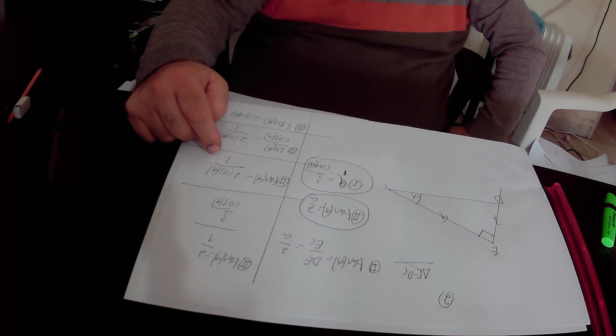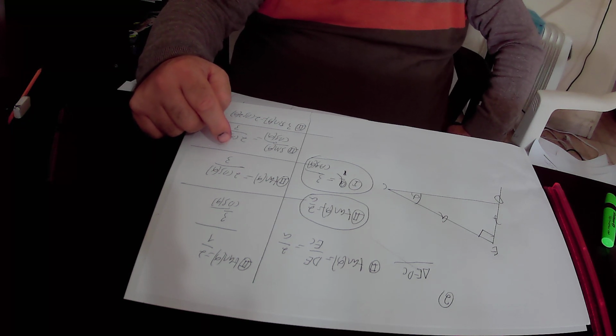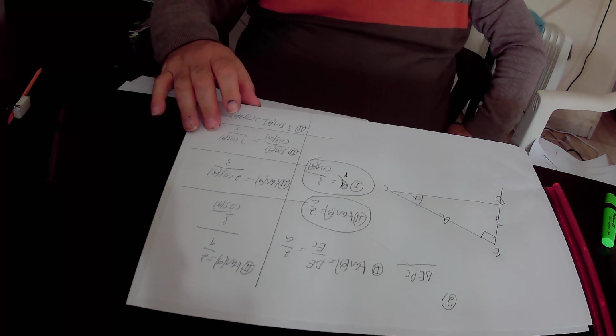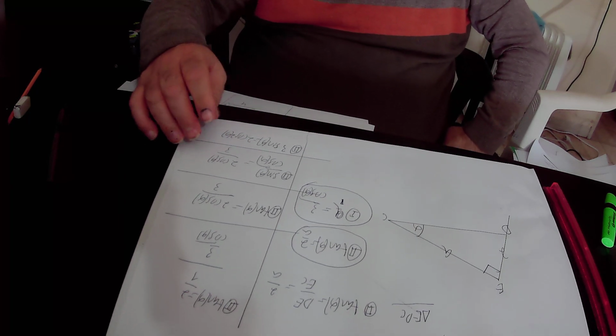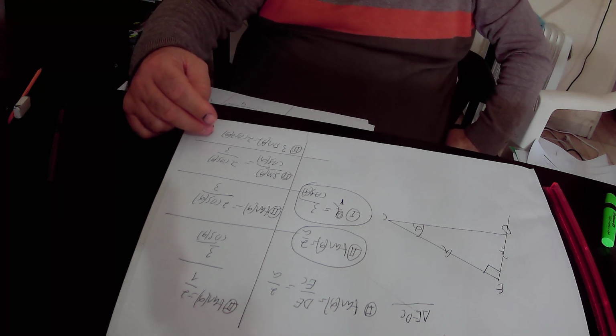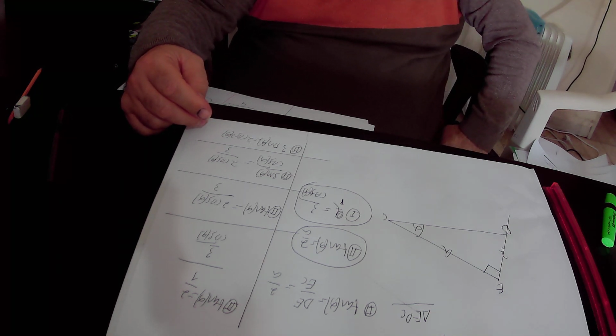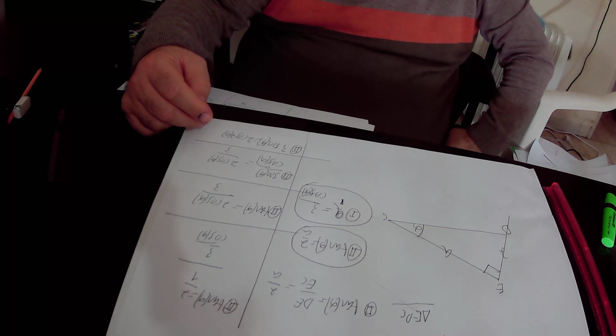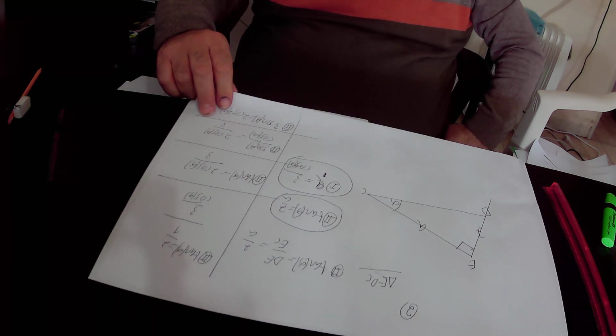Then we substituted tangent alpha by sine alpha over cosine alpha, and we got that sine alpha over cosine alpha equals 2 times cosine alpha over 3. We multiplied this equation and found that 3 times sine alpha equals 2 times cosine squared alpha. Okay?